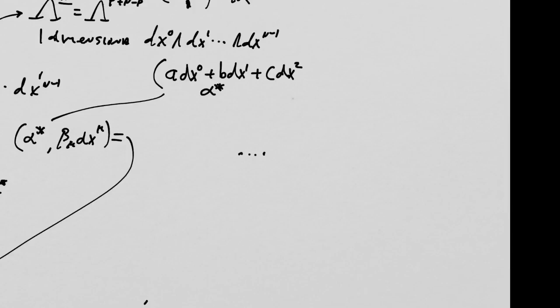We don't know what it is, so I've written it out in total generality. But that Hodge dual blended together with some arbitrary 1 form is going to end up being the coefficient in front of dx0, dx1, dx2, right?